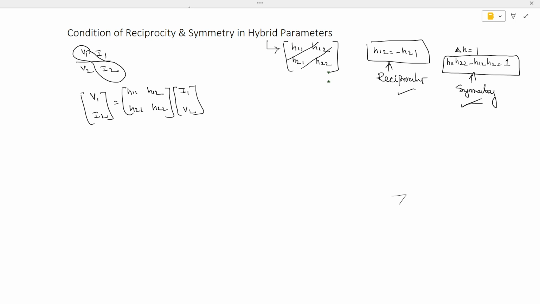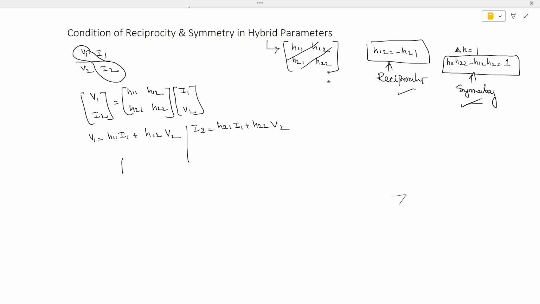So what is the equation of V1? V1 is equal to H11 I1 plus H12 V2 is one equation. The second equation is I2 is equal to H21 I1 plus H22 V2. So what we need to do here is compare each individual equation.